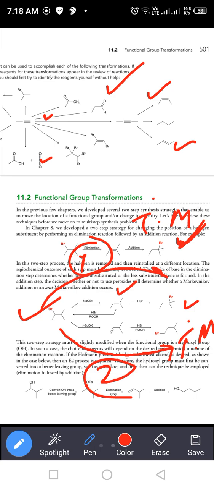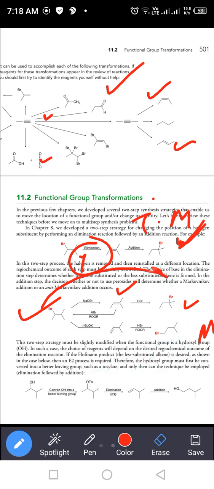So there are different design strategies for synthesis. You have to remember all the design strategies, reagents and routes, and how different functional groups convert. Functional group interconversions must be known, and reagents must be known, so that organic synthesis will be very easy.